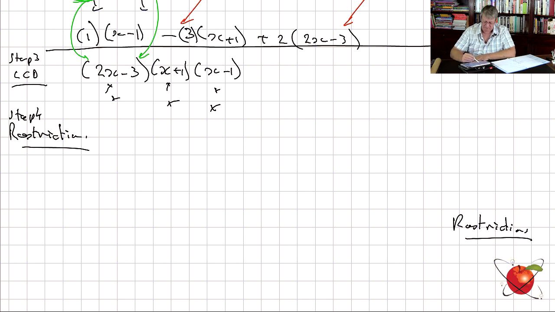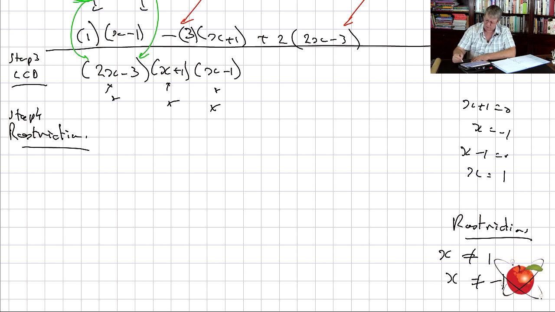We make each one of those 0. So x cannot be 1, x cannot be minus 1. I said x plus 1 equals 0, therefore x equals minus 1. I then put x minus 1 equal to 0, therefore x equals 1. The last one, I put 2x minus 3 equal to 0, therefore x cannot be equal to 3 over 2.